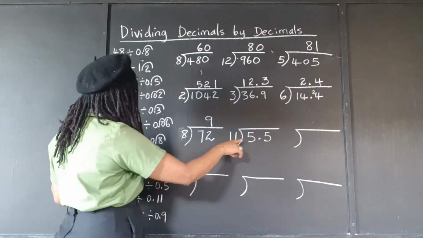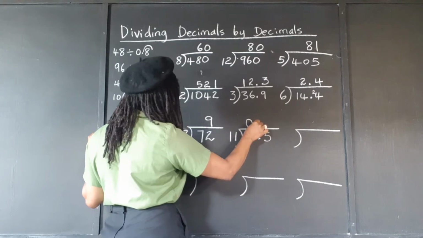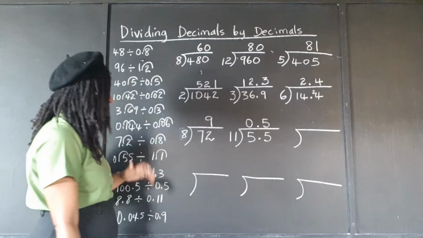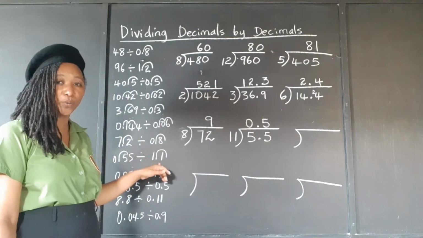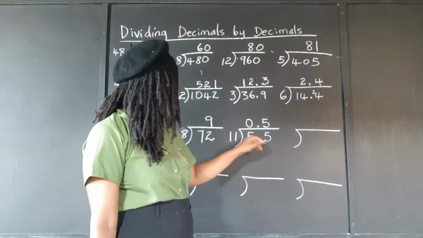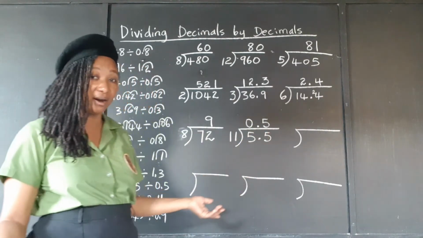Okay, 11 can't go into 5. Let's put our 0 since we're going to have a decimal point there. 11 into 55 goes 5 times. So 0.55 divided by 1.1 is the same as saying 5.5 divided by 11, which is 0.5 or a half.